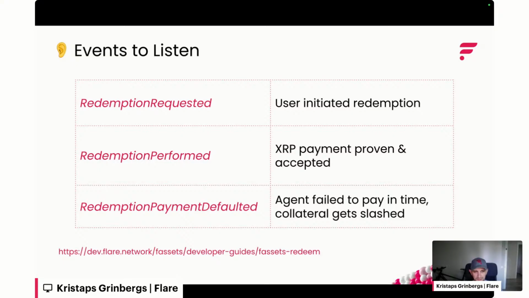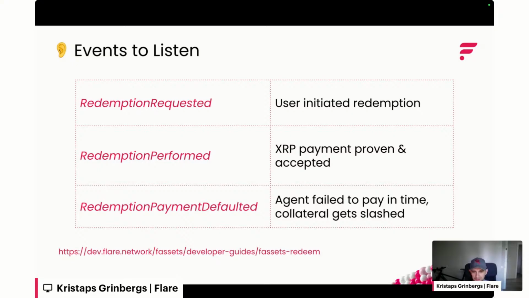In this case, if multiple agents are responsible to redeem assets to the redeemer, then there is the amount if it's split among different agents, and of course the redemption ID. That is also very important to have, because later you can see the redemption status using this ID. Then redemption performed, so everything is good. The redemption has happened, the XRP payment is proven, and the redeemer, the user, got their funds back. So that is the finish line basically.